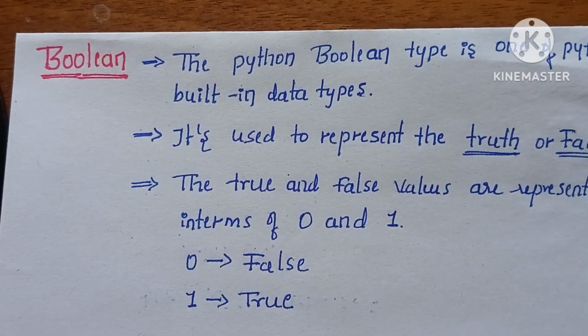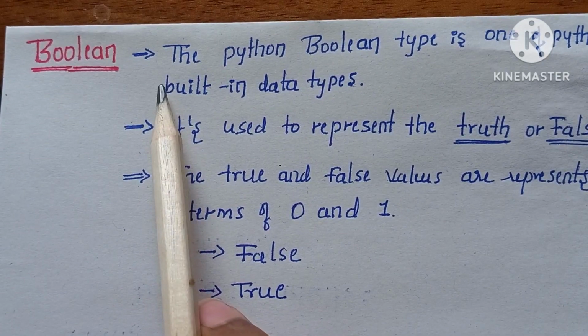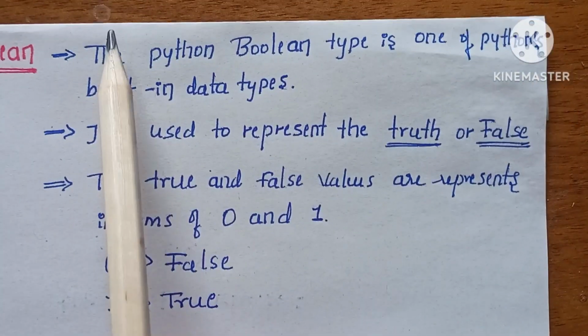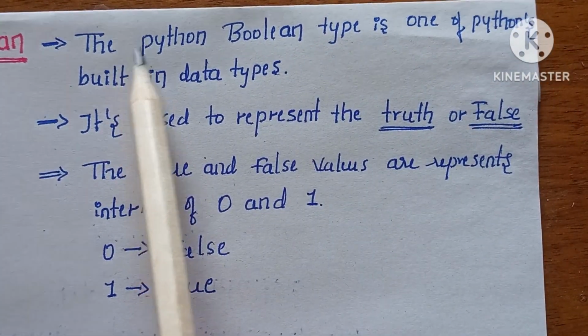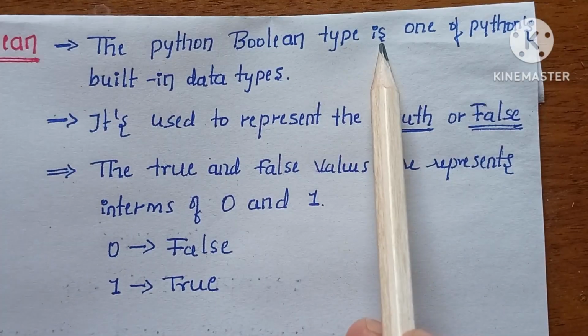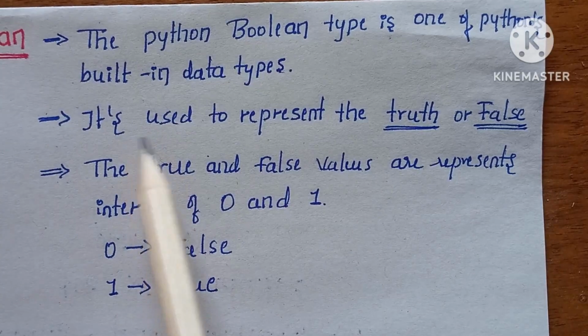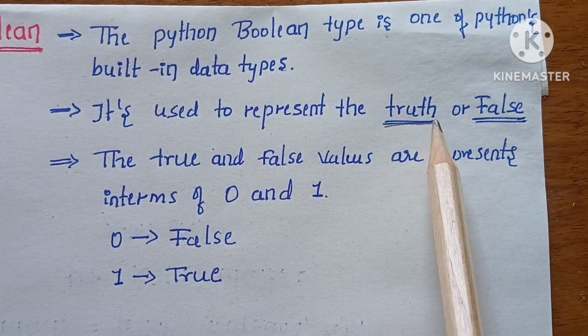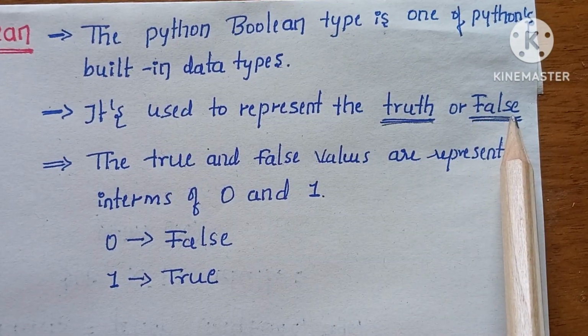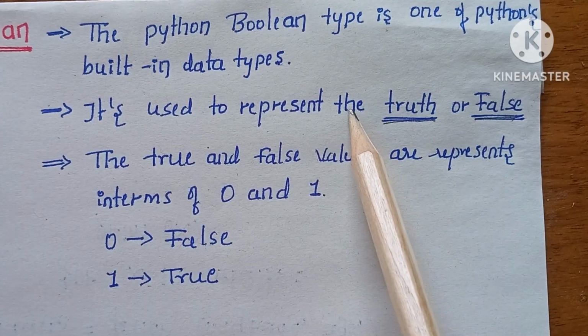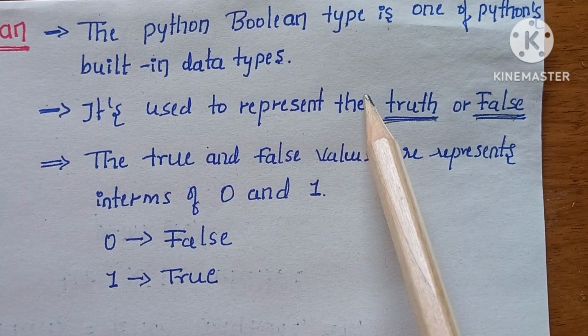The next one is the Boolean data type. The Python Boolean type is one of Python's built-in data types, and it is used to represent true or false. It does not represent digits, integers or sequences of characters.